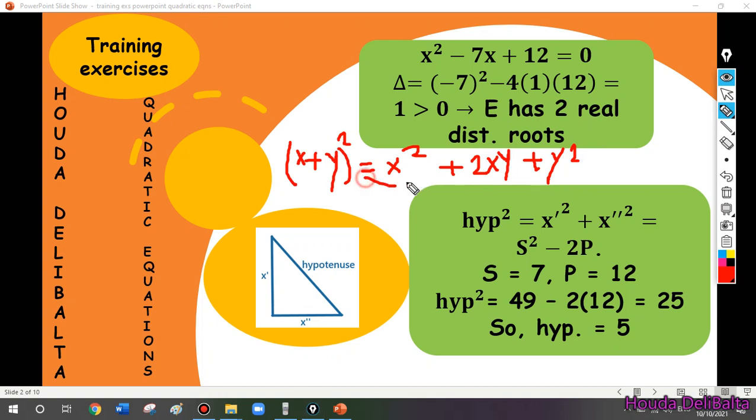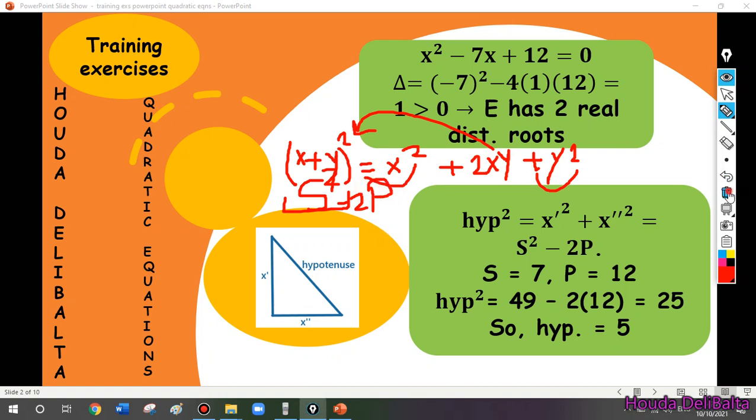Now, if I need x squared and y squared alone, I just move 2xy to the other side, and thus I will get that x squared plus y squared is equal to s squared minus 2p.